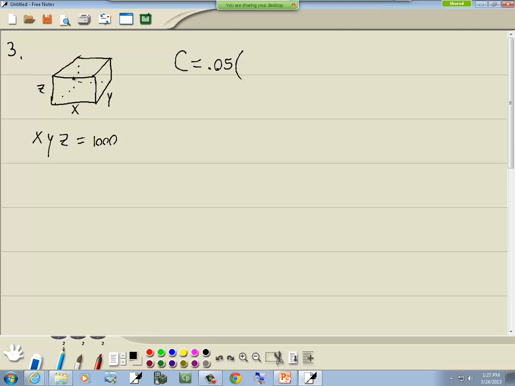And there's another one over on this other side that's the same size, so that'd be 2YZ plus, if I look at this wall right here, this distance is X and this height is Z, so that's XZ. So this would be 2XZ. So those are our walls. Two of them, because again I got one back here at the same dimensions.